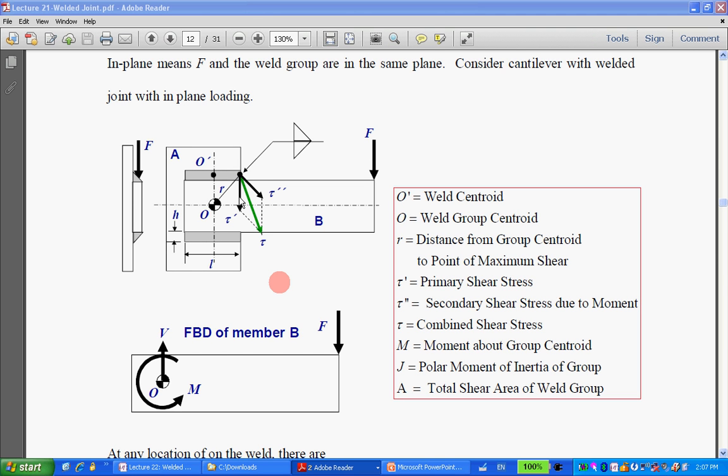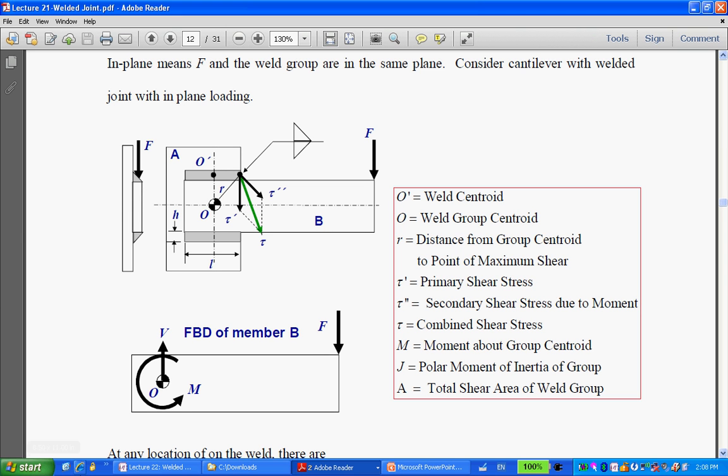We have the so-called primary shear, secondary shear, and then combined, it's the shear stress. Once you have the shear stress, then we'll be able to deal with the safety of this one. I'll show you in an example here. But first we have to figure out the maximum shear stress at the critical location. That's for the in-plane case.